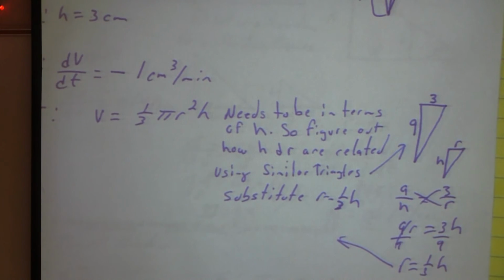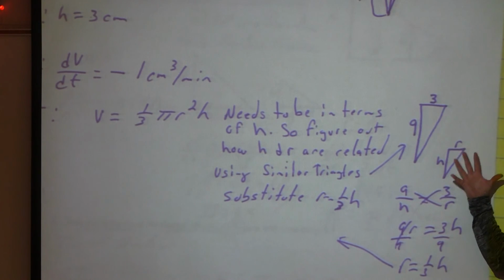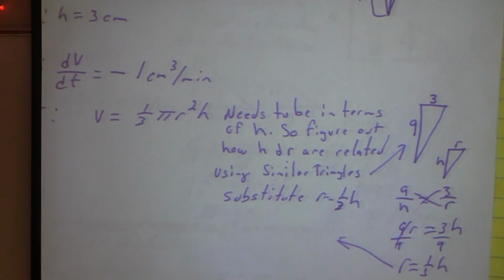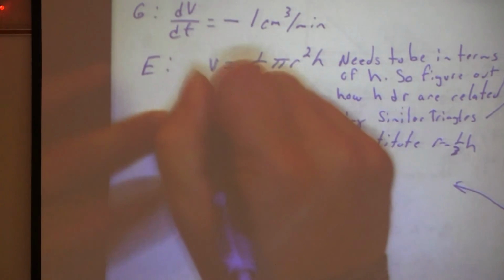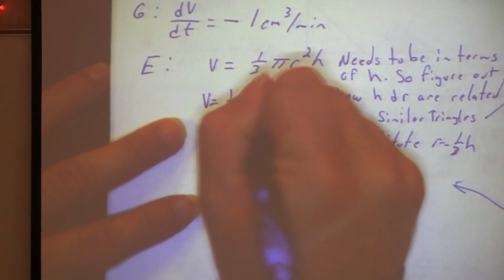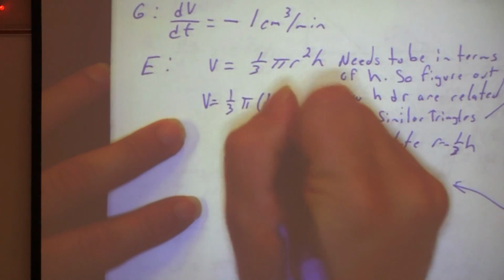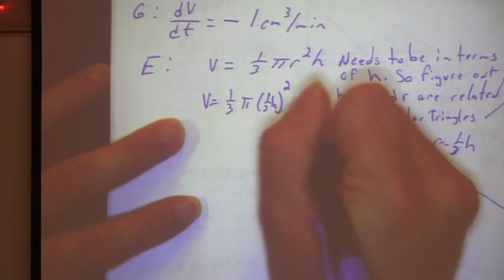On this problem, they didn't tell you that already. On the other two examples, they already told you in the problem, so it was kind of easy. Here, the only difference is you have to do this before you can plug something in. Not too bad? All right, let's finish strong because we've got about 2 minutes. Volume equals 1/3 pi times the radius, 1/3 h, squared, times h.